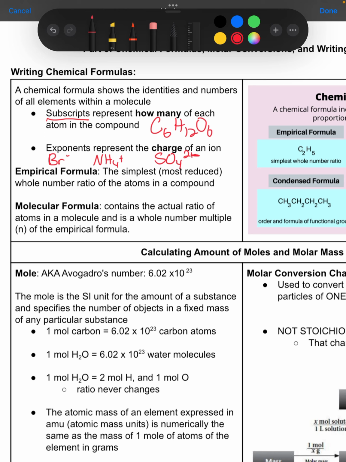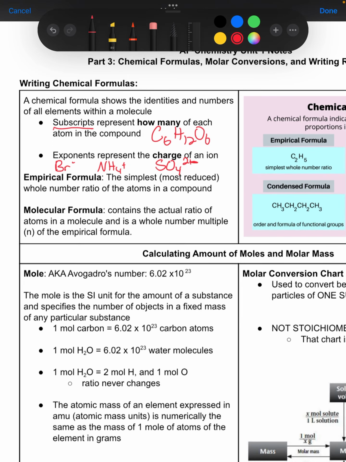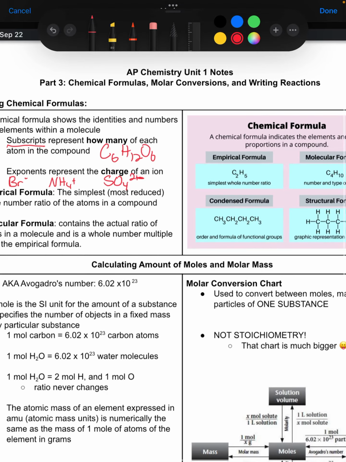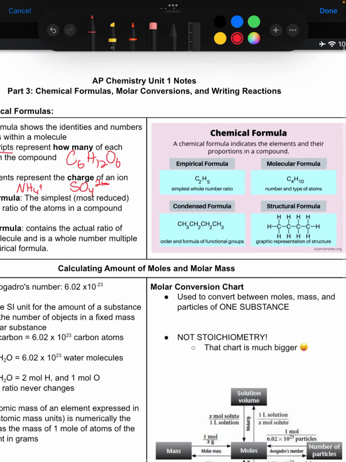All right? An empirical formula is a simple or reduced whole number ratio of the atoms in any particular compound. So we can look over here for a decent example of an empirical formula. We have this over here, which is C2H5, which just basically means that in any molecule that fits this empirical formula, for every 2 carbons, there will be 5 hydrogens.